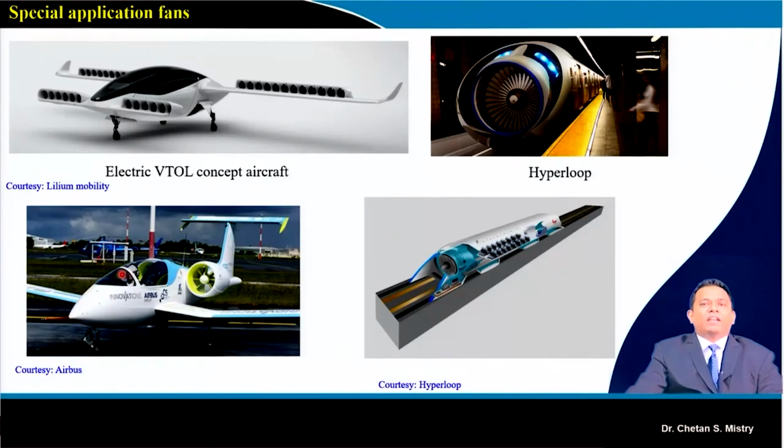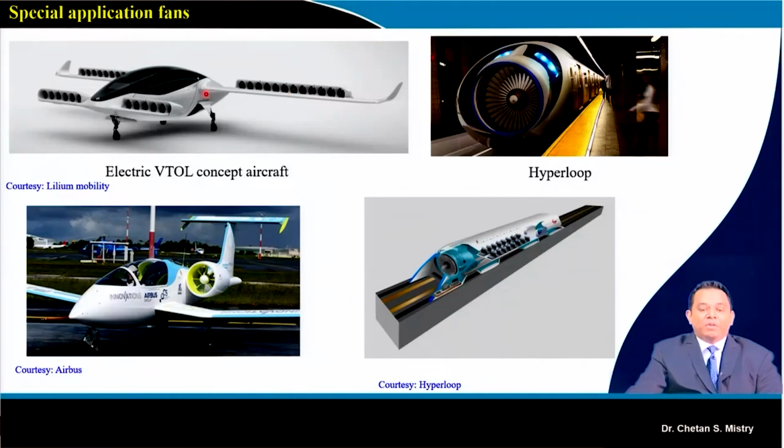Now along with this fan, there are many special applications that have been explored in the last 10 years. Here, this is a VTOL concept called Lilium. They have made this as a flying taxi, and for that flying taxi they are looking at a larger number of fans placed on the wing, and these fans generate the thrust for forward movement.